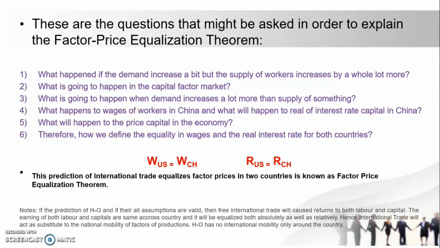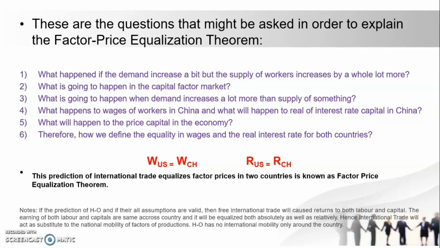Before trade, wages in the US are higher, wages in China lower. After trade, wages in the US are falling and wages in China are rising. It means that the gap in wages between the US and China will become smaller over time. Similarly, the gap between the real interest rates in the US and China will also become smaller.